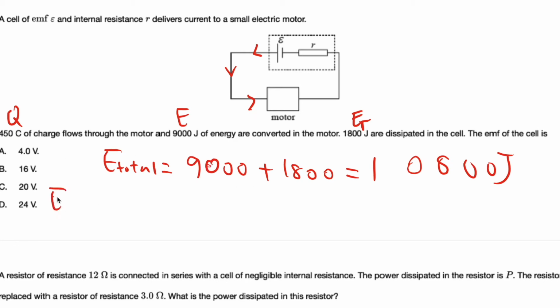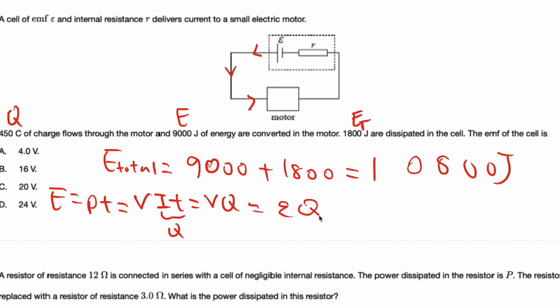Energy is equal to power times time, which is equal to voltage times current times time. Since current times time is charge, it's equal to voltage times charge. In this case, it's equal to the EMF times the charge, since we consider the energy converted in the motor plus the energy dissipated in the cell, which is equal to this number here.